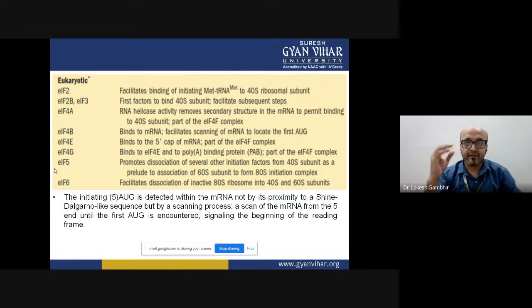But you have to understand that when we talked about IF4B, the initiation codon is AUG, but the mRNA is detected at a different place in close proximity to the Shine-Dalgarno sequence.